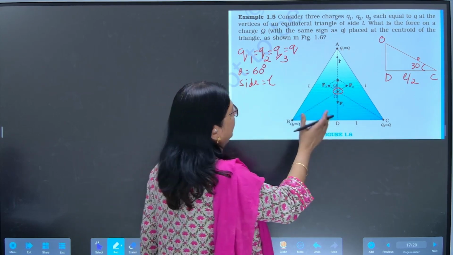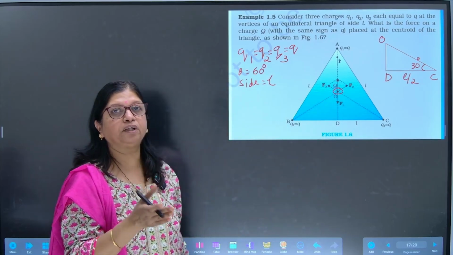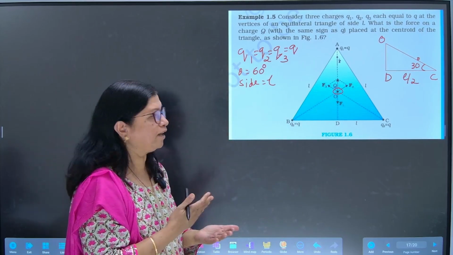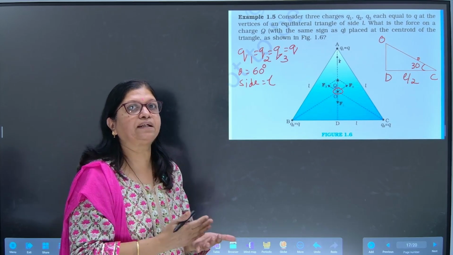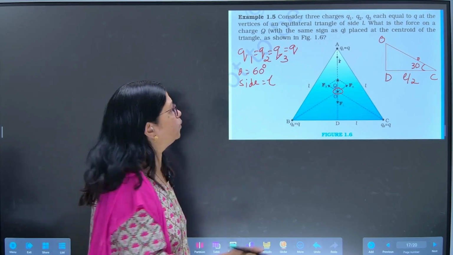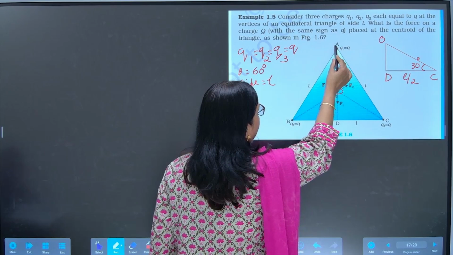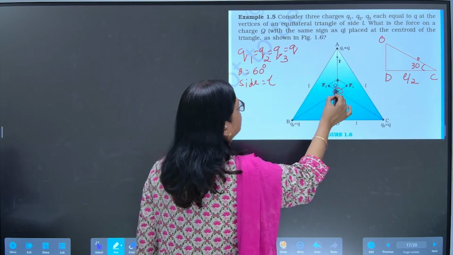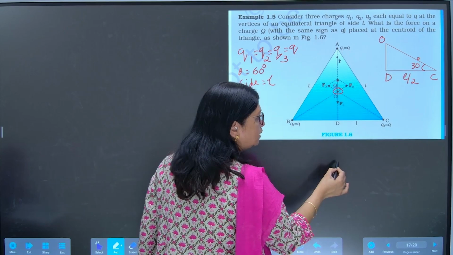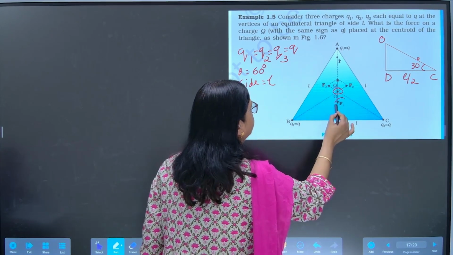So now looking at the geometry of the figure, first we have to understand what the forces acting on the charge Q at the centroid are. So what are the forces? The force from A, that is the charge Q, to O, that is the charge Q. The direction of this force is downwards, given by F1.